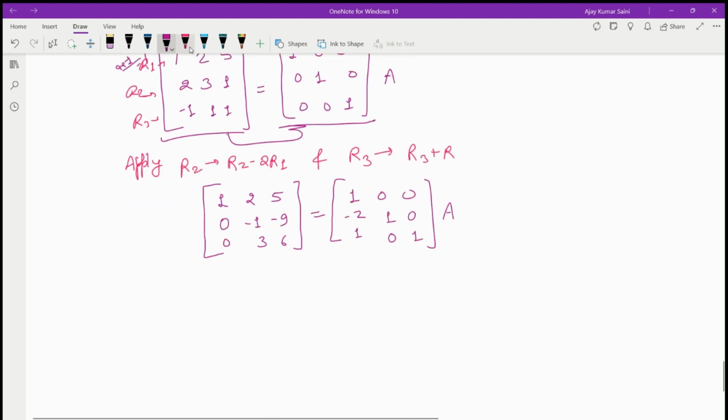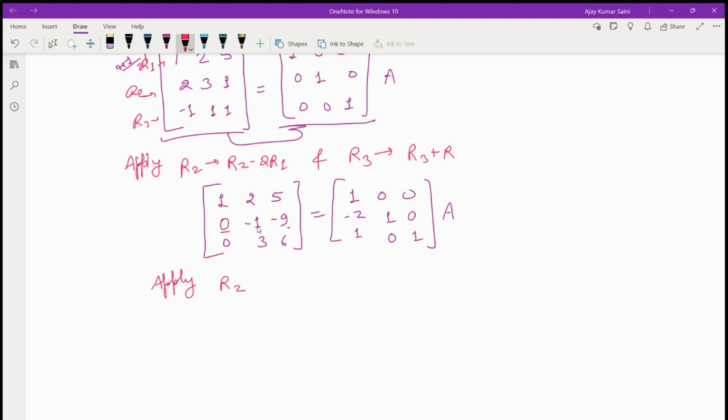The next step is to apply R2. We make one element 0, so now we need to make this 1 and this 0. First make this 1.